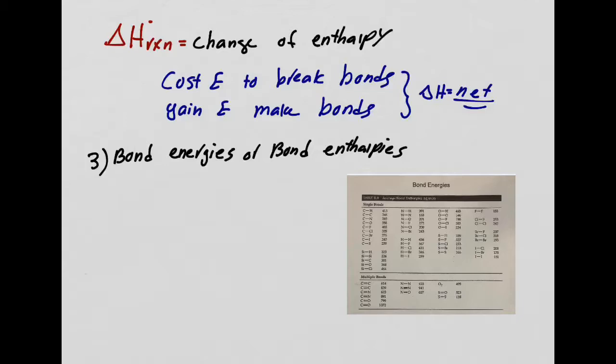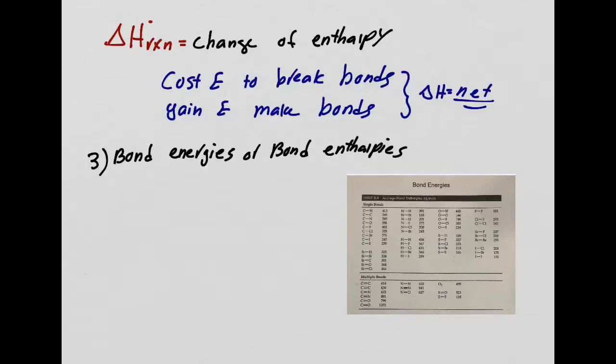Okay. Now, if you look at this chart, I want you to look at a couple of things that are interesting. Double bond, triple bond versus a single bond. No surprises there, right? The triple bond is stronger than a double bond. So if a triple bond is stronger than a double bond, you're going to need more energy to break it. Okay.